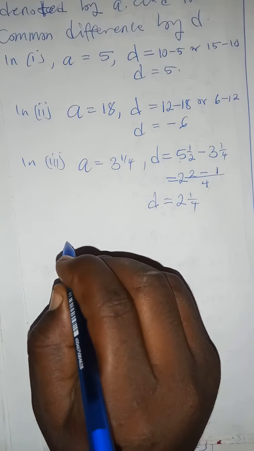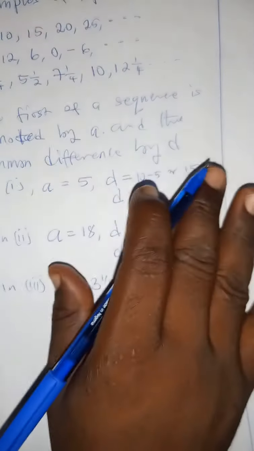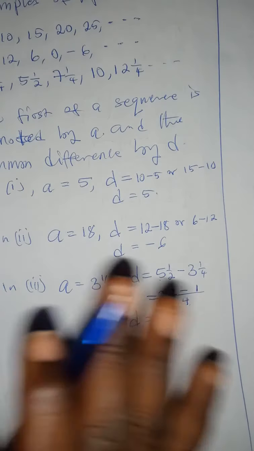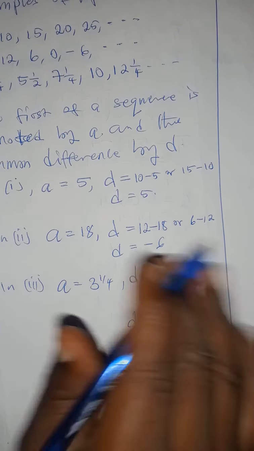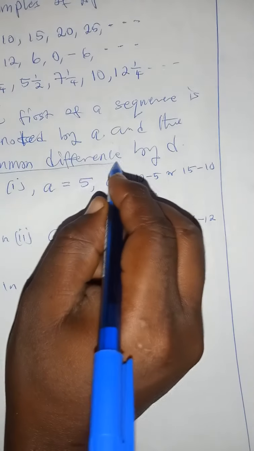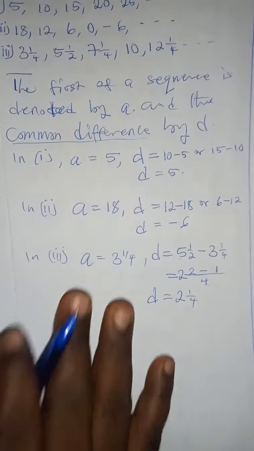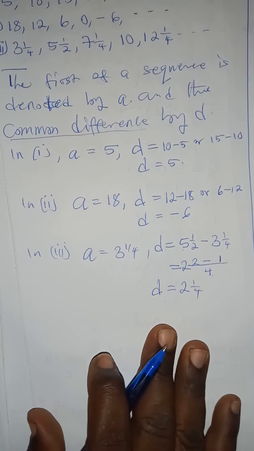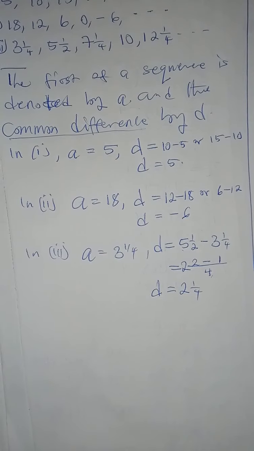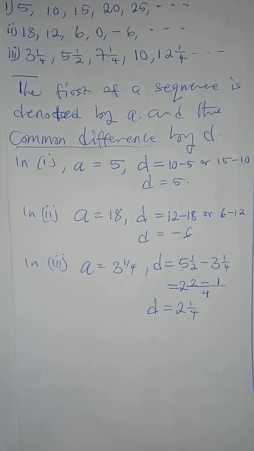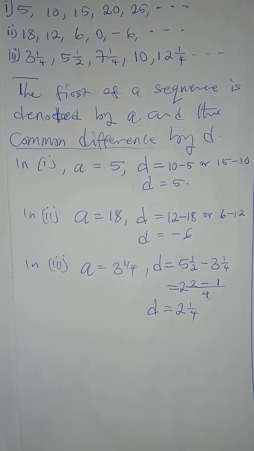Don't forget all these ideas I've given you: a term minus its preceding term is equal to the common difference. We call this the common difference, not just difference, because the difference is common. So the next idea is to find the nth term of an AP.